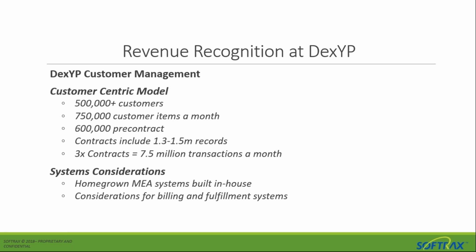And if you think about it from the systems perspective, which is what we were just talking about, it's my understanding that you guys started with homegrown systems and had built out some solutions yourselves. So can you tell me what you were doing before and how you are handling this customer-centric model now?